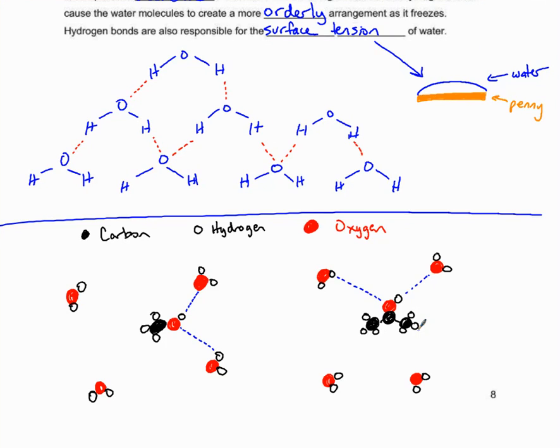The difference in electronegativity between carbon and hydrogen is 0.4, which makes it nonpolar, which means that these are not going to form hydrogen bonds with respect to these waters.